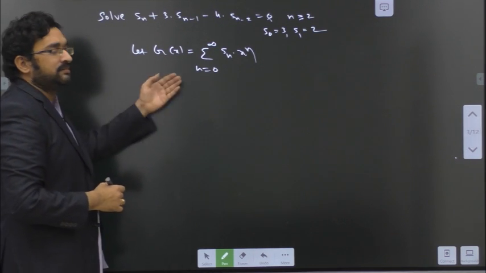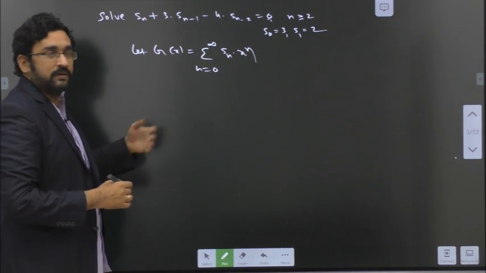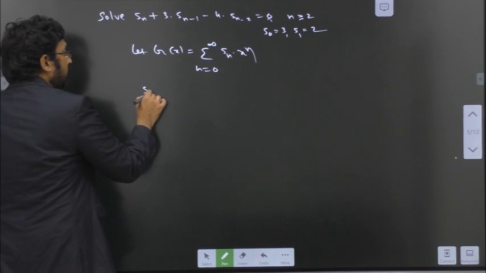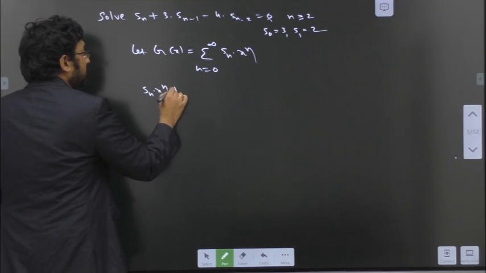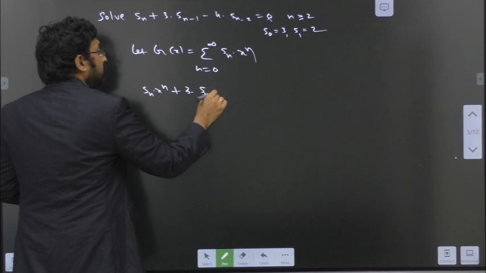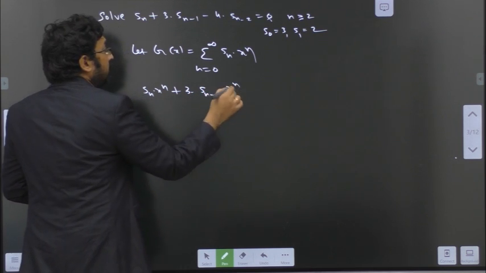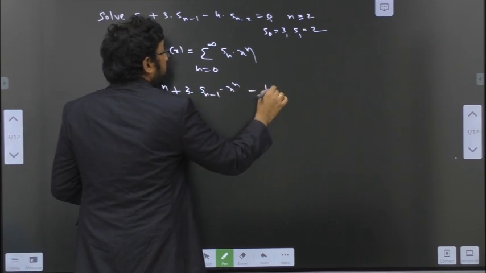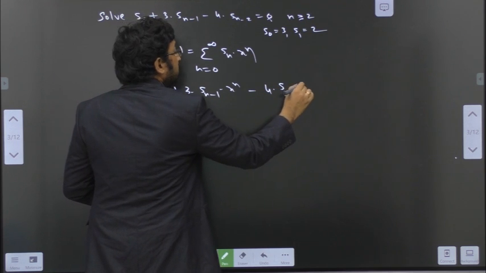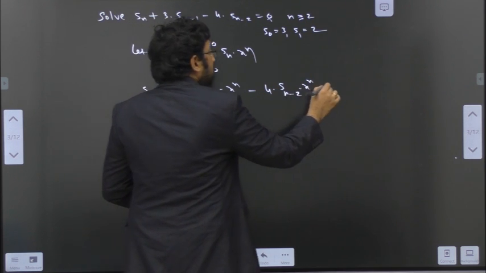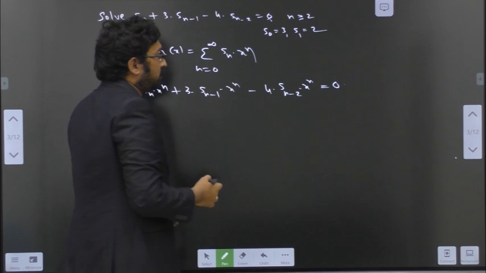Multiply the given equation on both sides with x power n and sum. So S_n into x power n plus 3 into S_(n-1) into x power n minus 4 into S_(n-2) into x power n equal 0, since 0 into anything is 0.